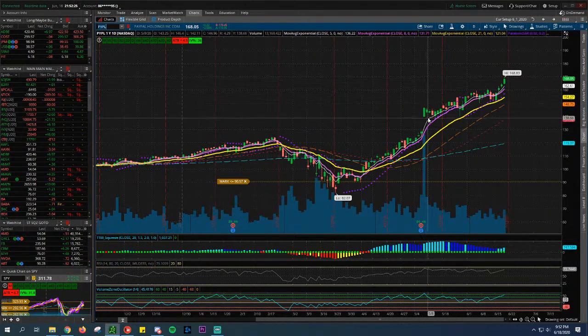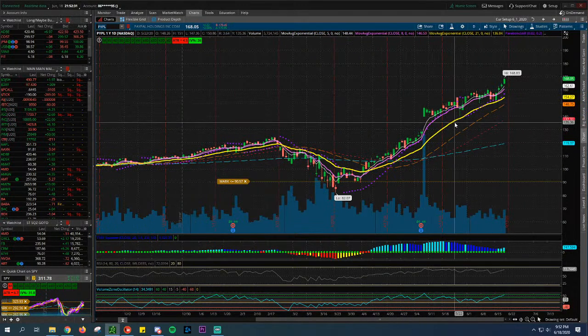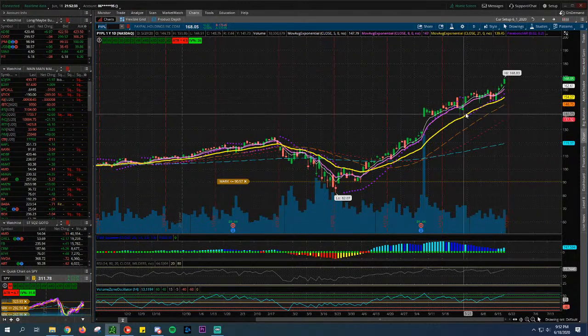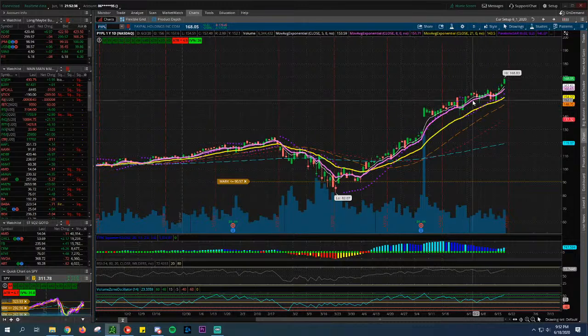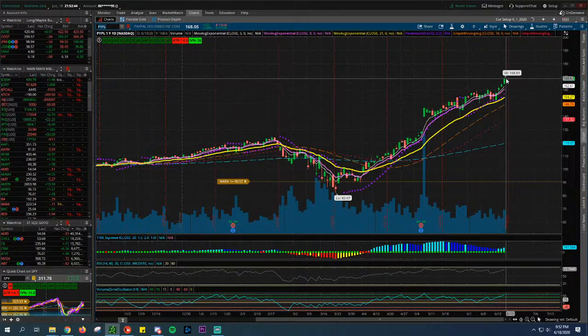We do have this large gap up on earnings, but you can see here the 21 has been very well performing and very kind to PayPal on the upward trend. It's trading really aggressively between the 5 and 8 exponential moving averages. The parabolic SAR is still well below.